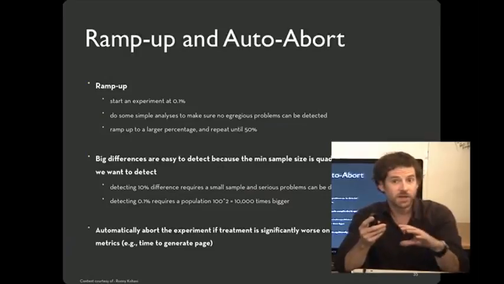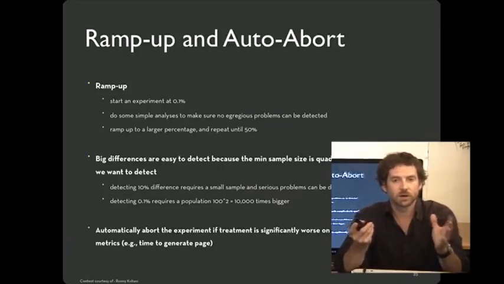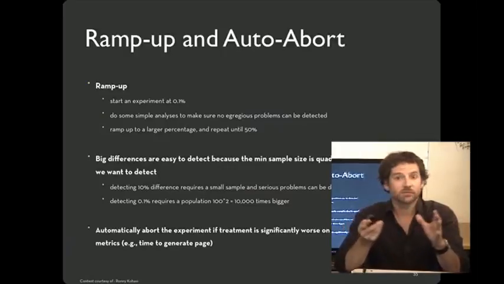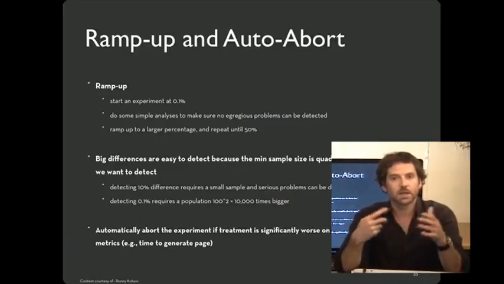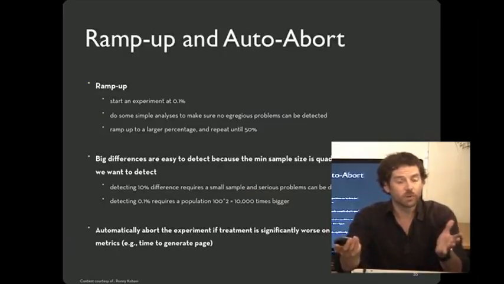If you don't see a major negative effect, then you can dial up the fraction that you assign to and slowly get to 50-50 from there. And if you do see a negative effect, automatically abort your experiment and try to figure out what went wrong before continuing. If you want to be fancy, you can even do this in software.